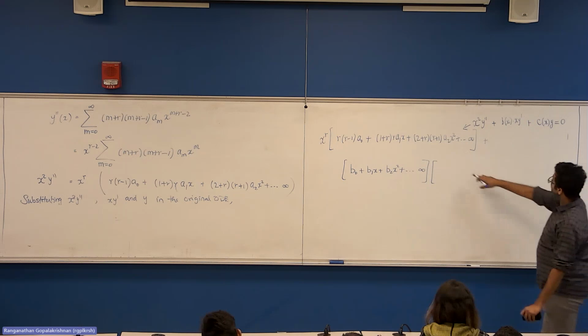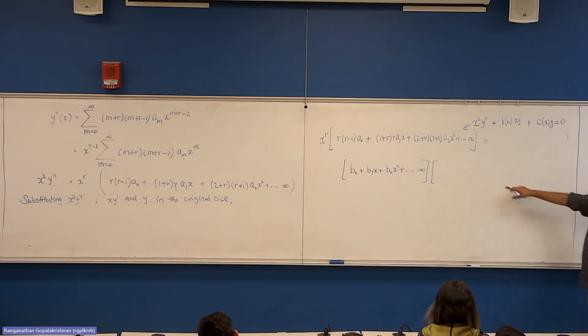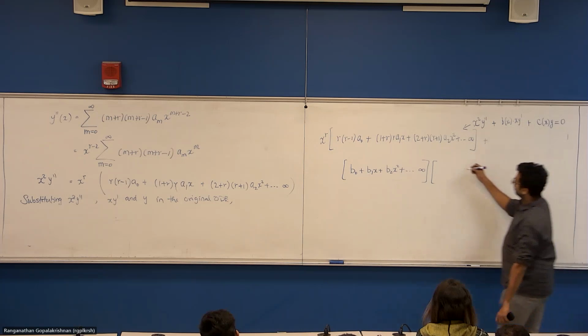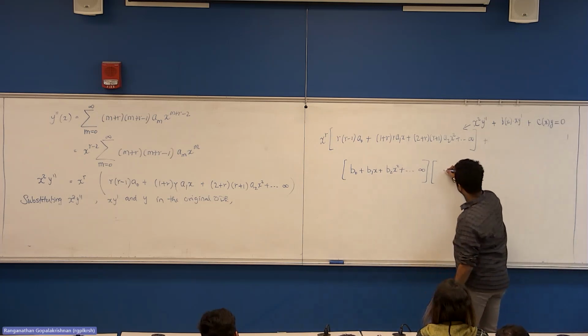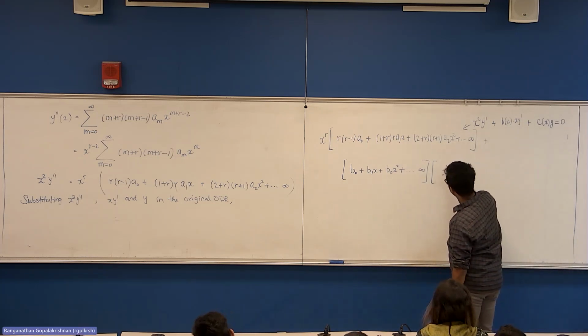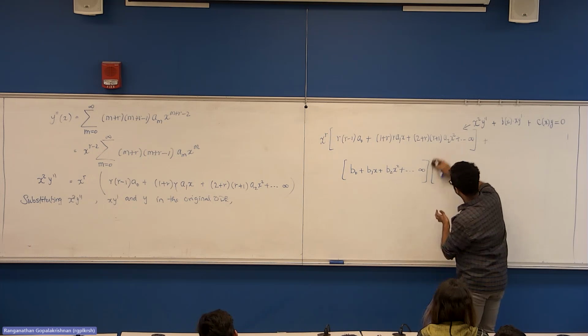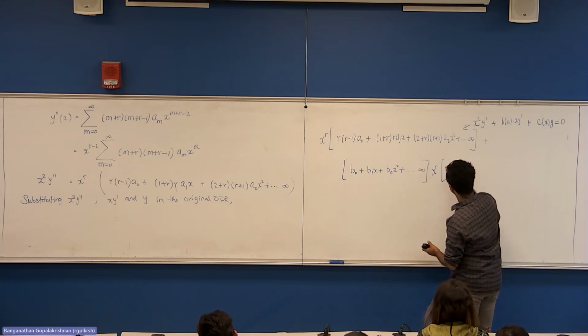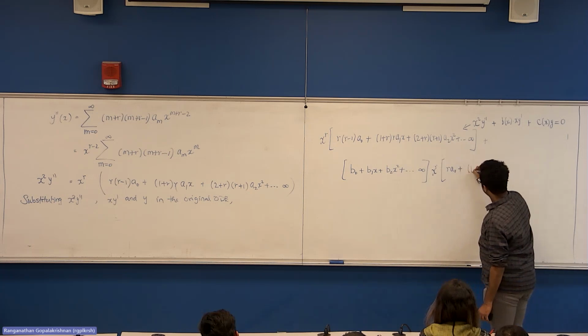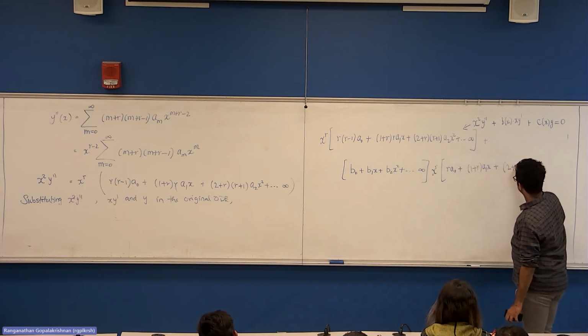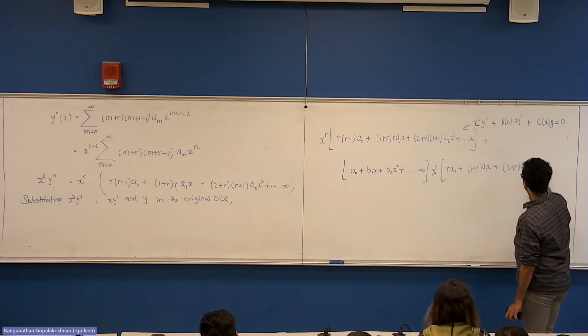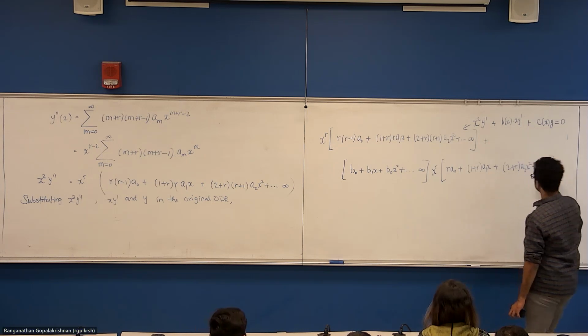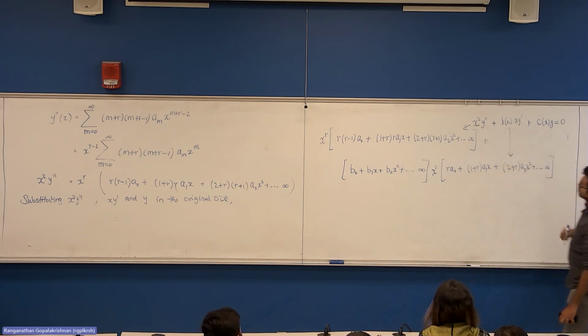Can somebody tell me x y prime from your notes? Louder, please. x power r, r a naught plus x power r, (1 plus r) a1 x plus (2 plus r) a2 x squared and so on. So this is the second term.